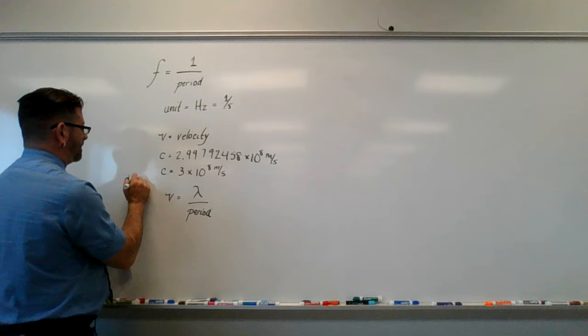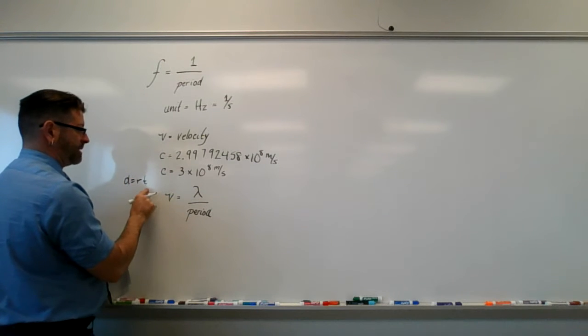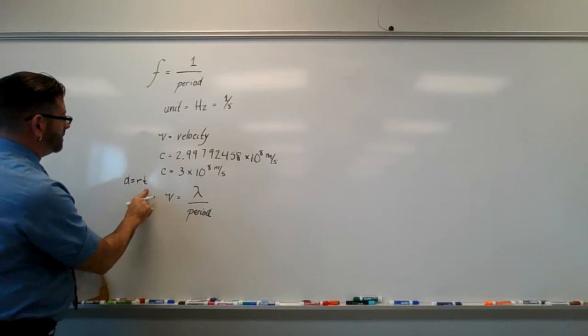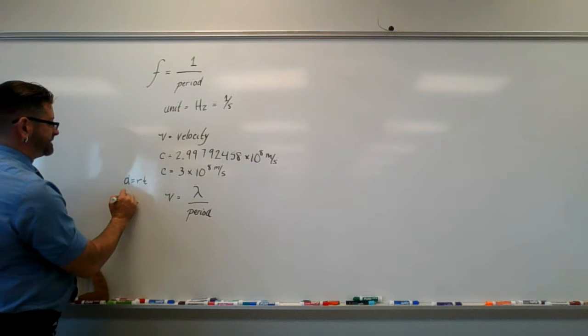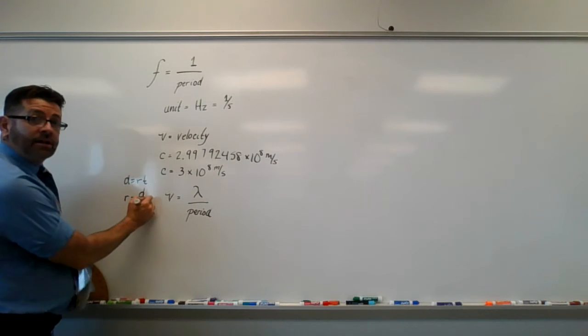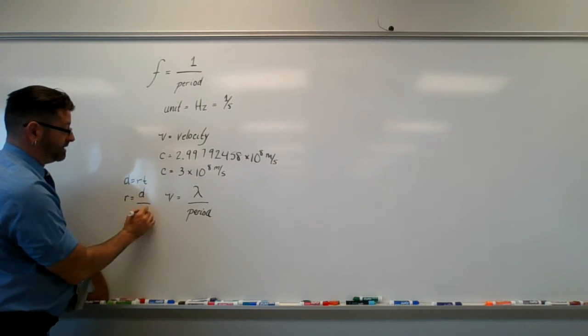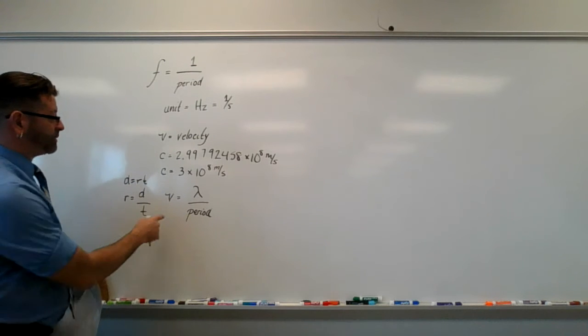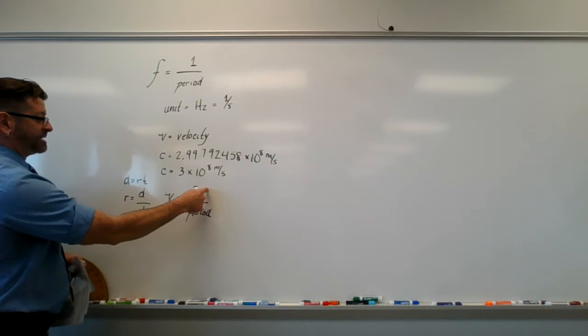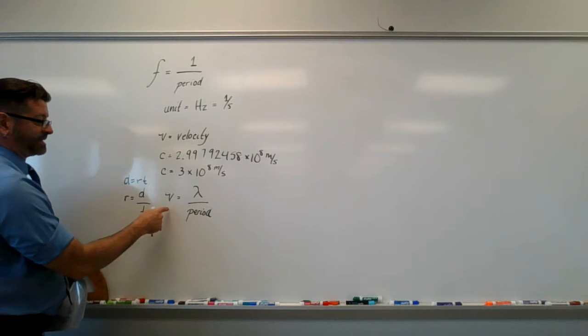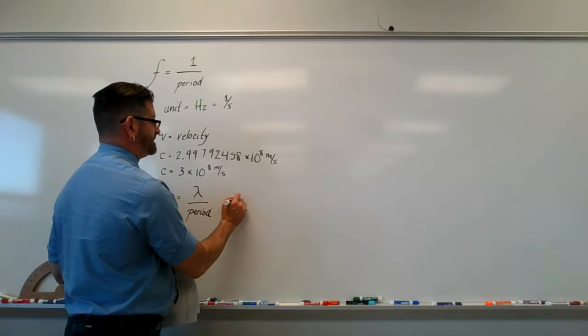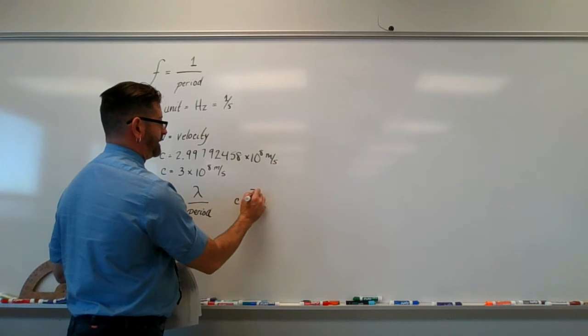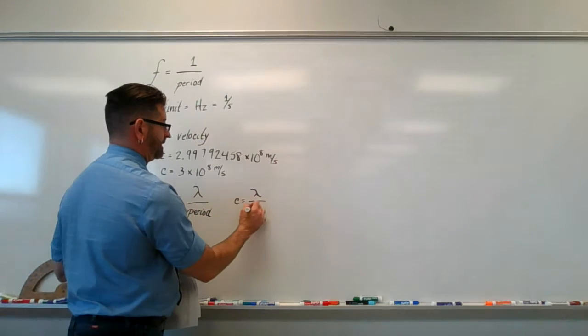D equals R times T, distance equals rate times time. Well, now we're just solving for R. And to solve for R, it's just D over T. And that's all we're saying here, is the distance over the time is equal to the velocity. Or in this case, c is equal to lambda divided by the period.